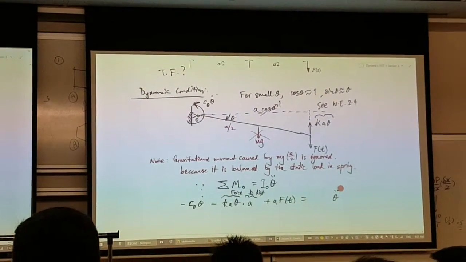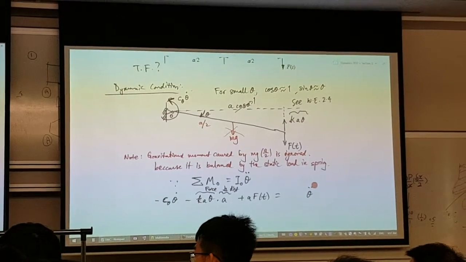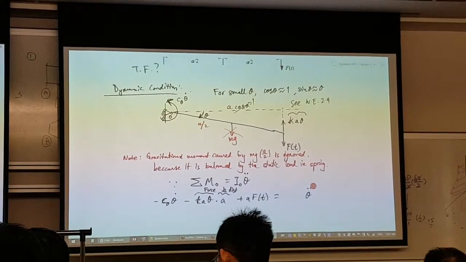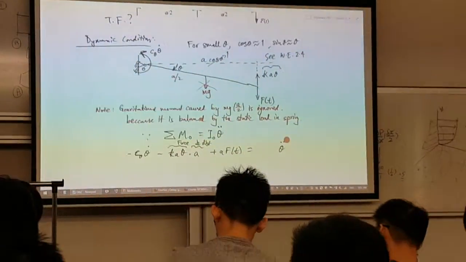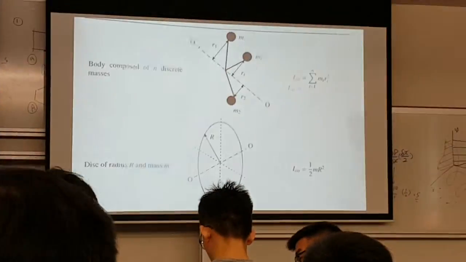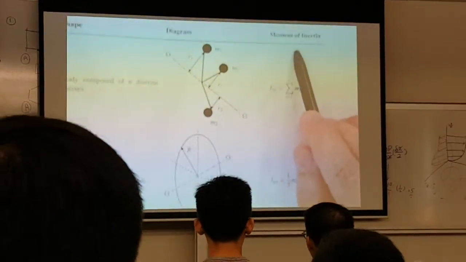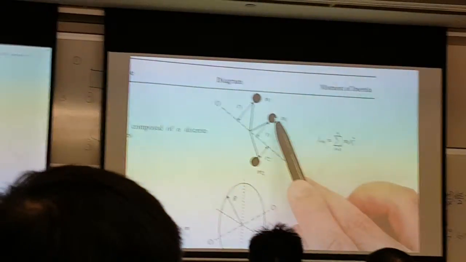So this I naught part here requires us to look back into our data sheet. So I'll show you the data sheet. Your data sheet has this list of moment of inertia, and it has all these various masses.